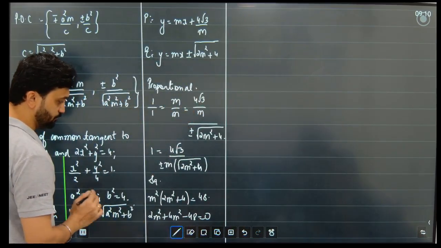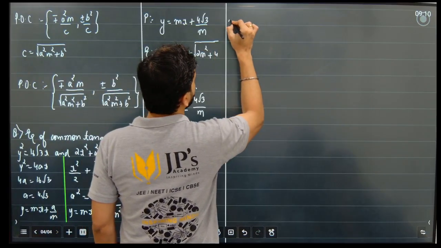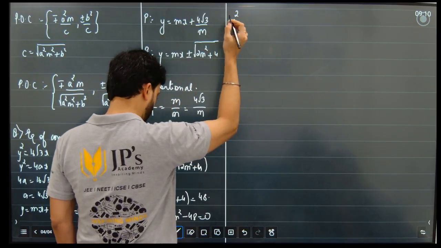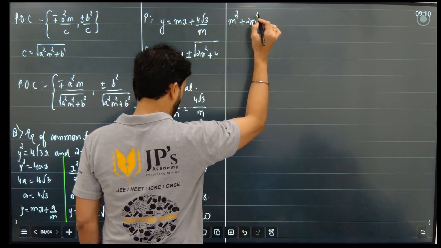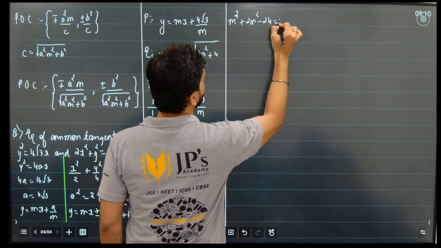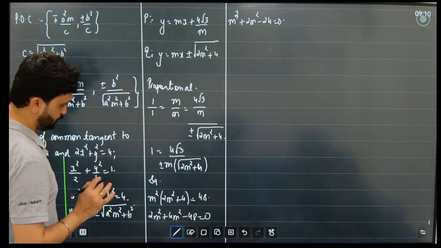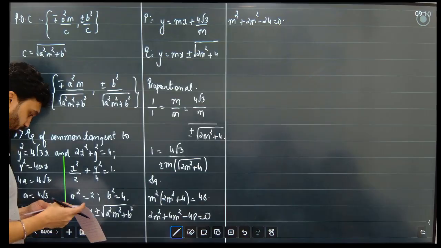When I divide by 2, it will become m raised to 4 plus 2m square minus 24 is equal to 0.